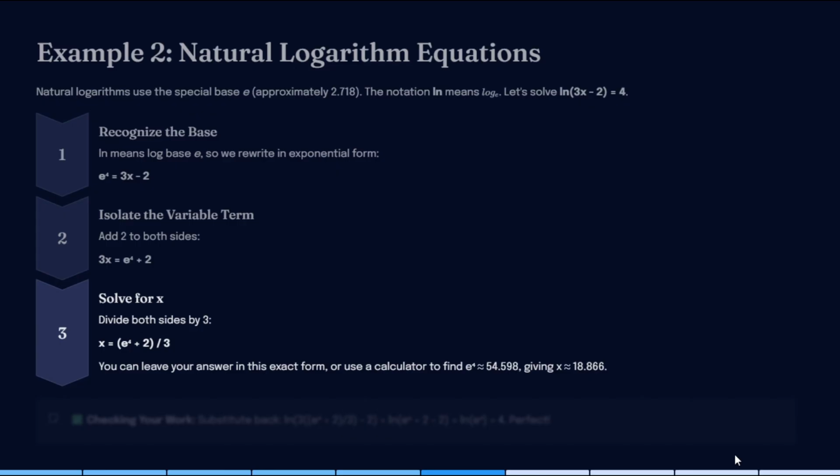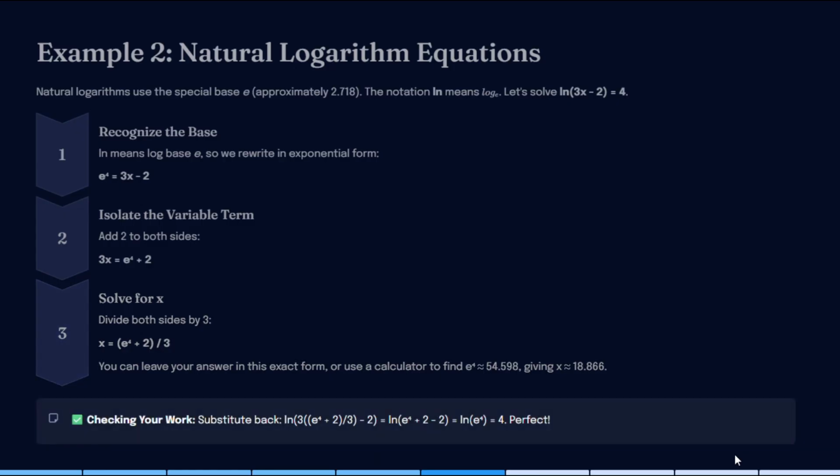So you can leave your answer in exact form or use a calculator to find e to the power 4, which is approximately 54.598, which will give you x is approximately equal to 18.866. And finally, you must always check your work.